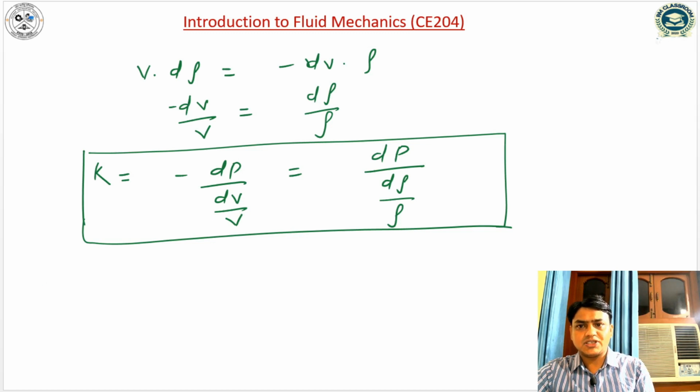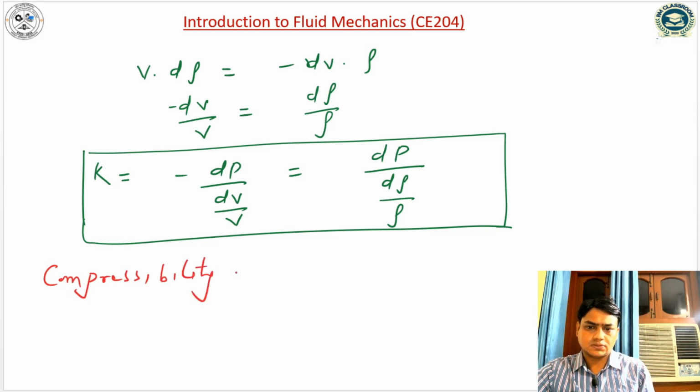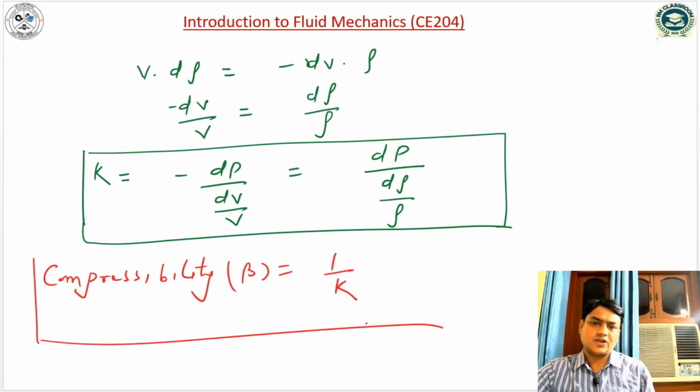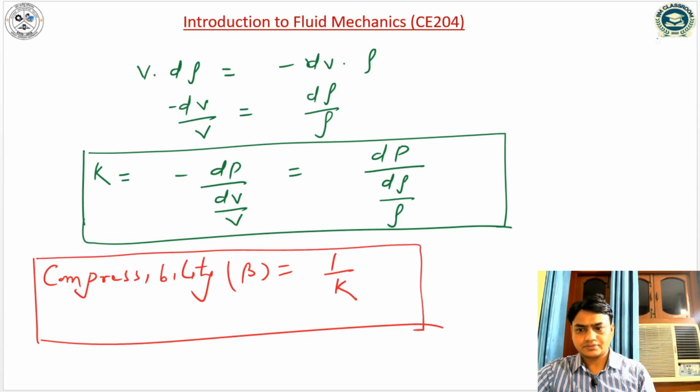Compressibility is the reverse of bulk modulus. Compressibility beta is equal to 1 by K. So the inverse of bulk modulus is the compressibility.